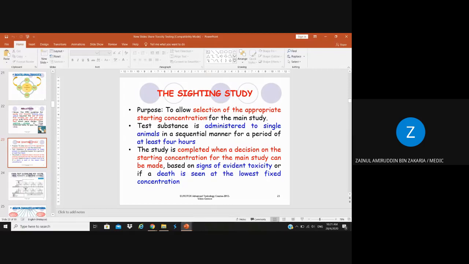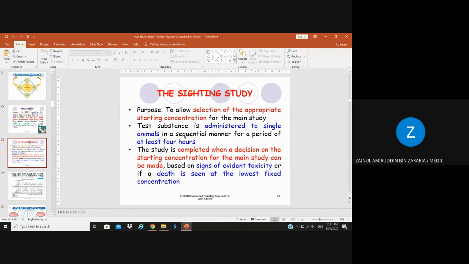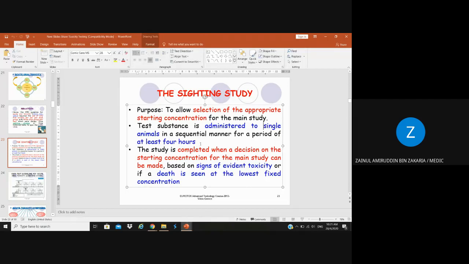You select a dose normally based on the OECD, which has given us a guide. For example, if you look at the next two slides, you can see there are 5, 50, 300, 2000. These are the doses you can use for your citing study. And in your citing study, you only administer it to a single animal.